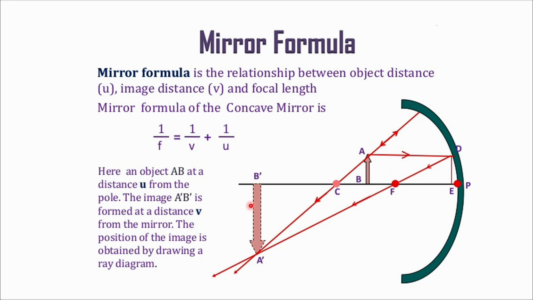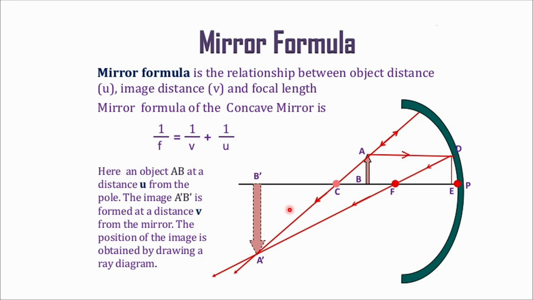Let us consider this diagram. AB is an object positioned at BP. BP means u, that is the distance of the object from the pole. Then the image is formed at a distance v, that is B dash P from the mirror.